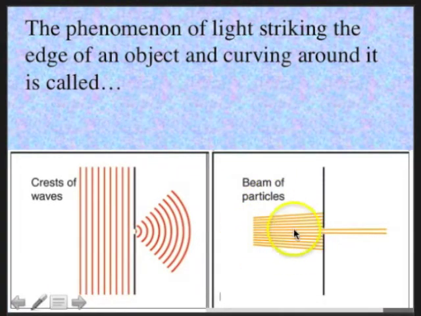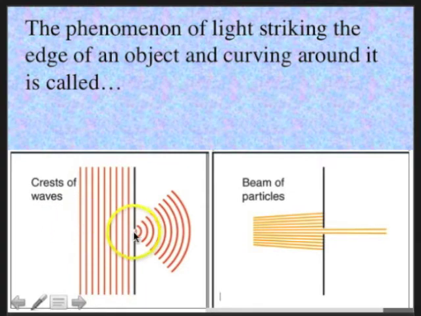If we take a handful of sand and throw it at a barrier that has a slit in it, sand particles that are on line with the slit will pass right through, but the other sand particles will hit the barrier and fall. But the sand particles that go through the slit will continue in a straight line.